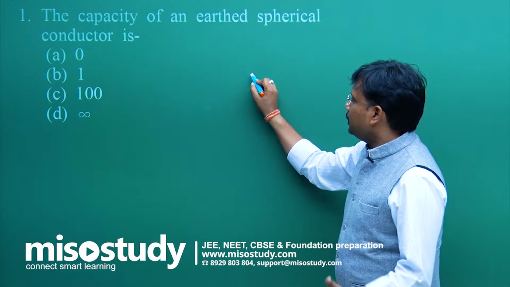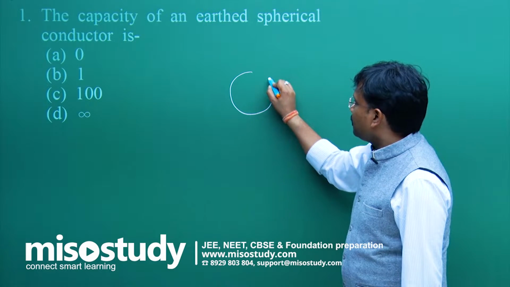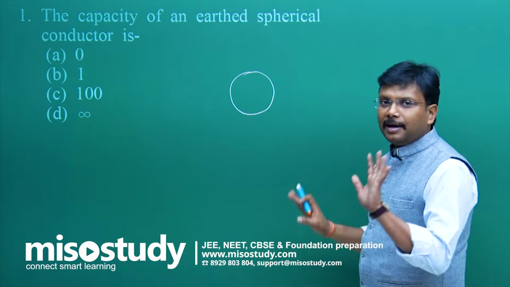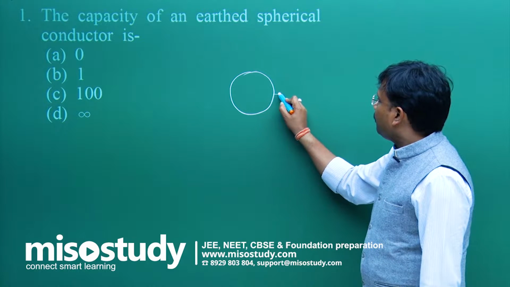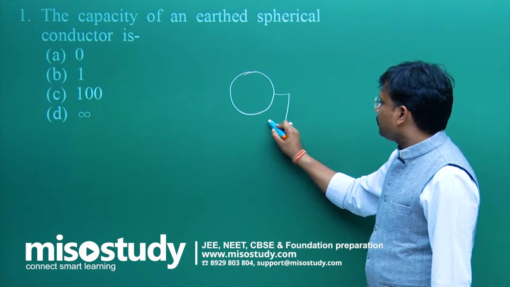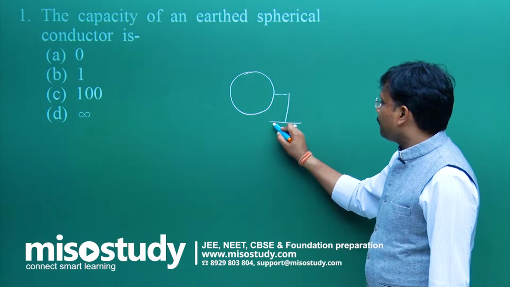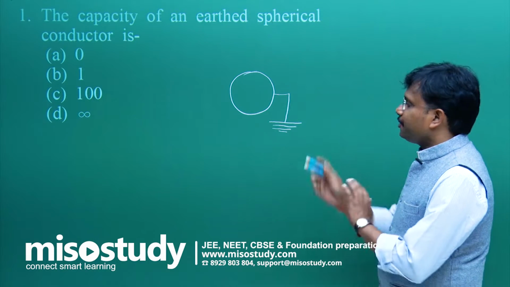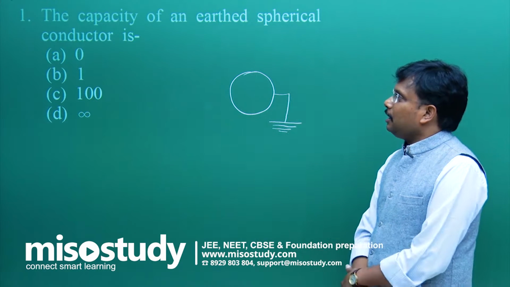Let us say in general the conductor is spherical in nature. Okay. And wherever it is connected, let it be like that, but earthing is given in this fashion. Fine. So this is now an earthed spherical conductor.